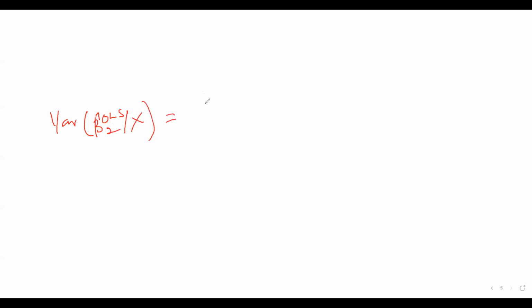We know that this variance is sigma square all over summation i equals 1 up to n of xi minus the mean, all square.